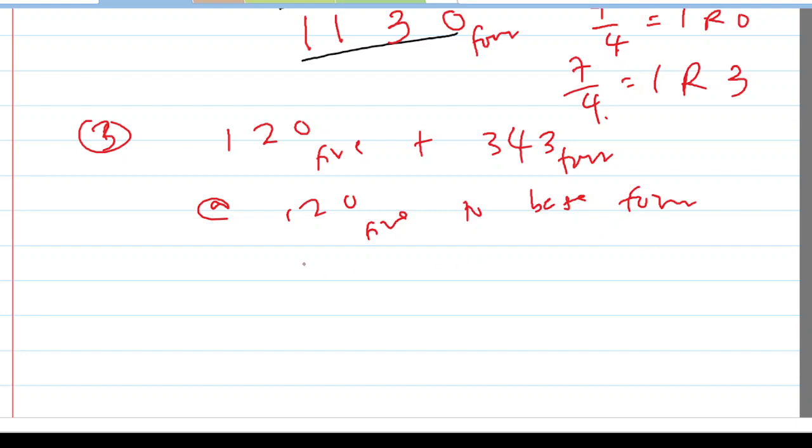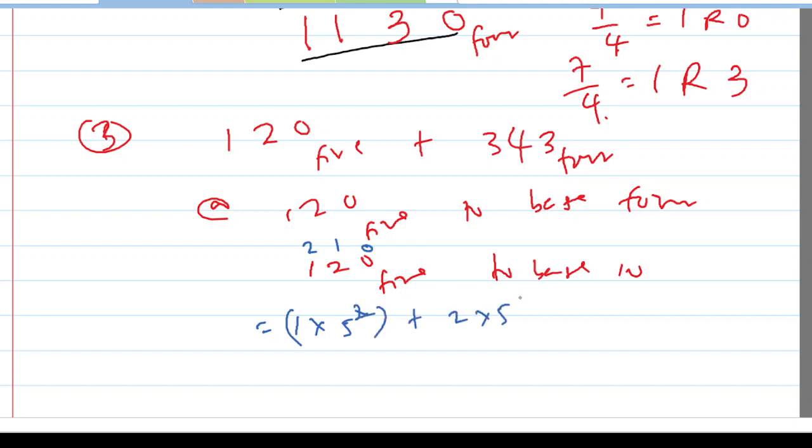What you have to do first is to convert the number first to base what? To base 10, since base 10 is the standard base. To do this, don't forget you are going to mark the number starting from 0, then you have 0, 1, 2. Then what are you going to have? You have 1 times 5 raised to power 2 plus 2 times 5 raised to power 1.